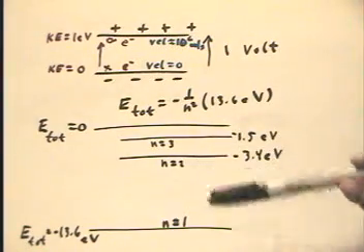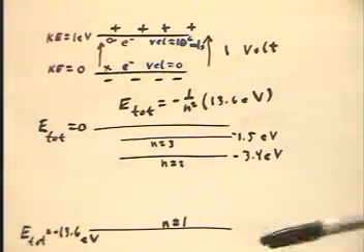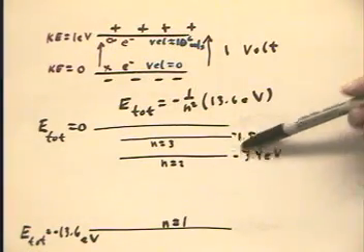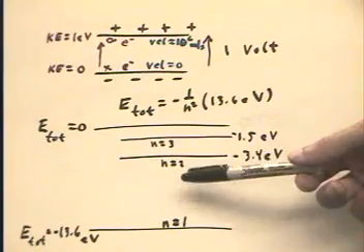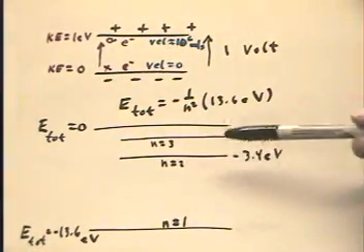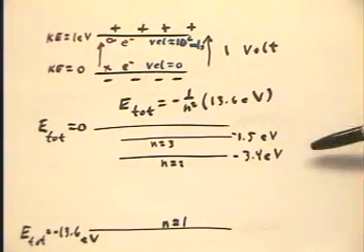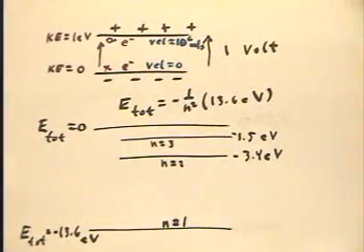Now if n equals 2, then the energy is 1 over n squared times negative 13.6 electron volts. 1 over 2 squared is 1/4. 1/4 of 13.6 turns out to be 3.4. So this is an energy of negative 3.4 electron volts, and that's the energy we get when n equals 2. Remember, between n equals 1 and n equals 2, the radius goes from 0.529 angstroms, a nice tight little circle, to 4 times that, n squared, or 4 times the 0.529 angstroms.